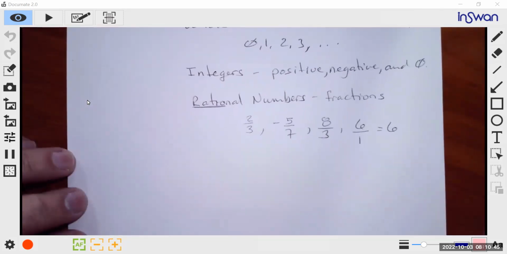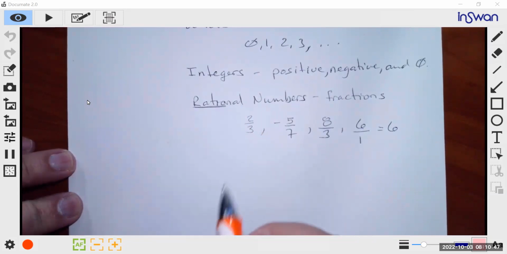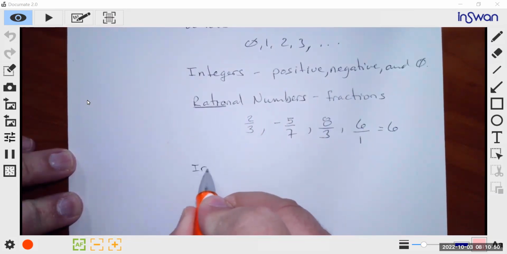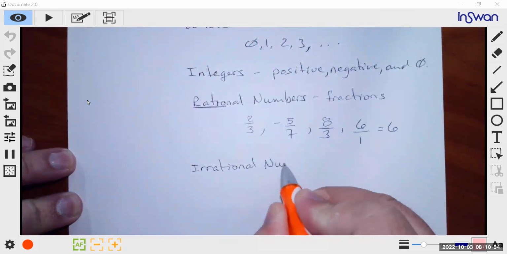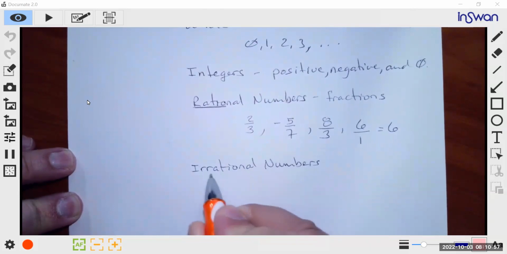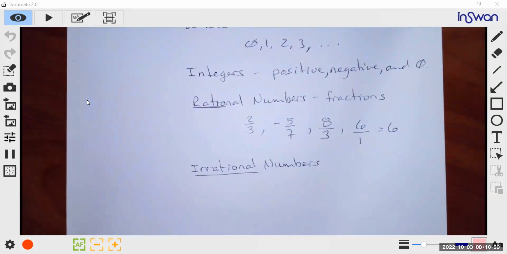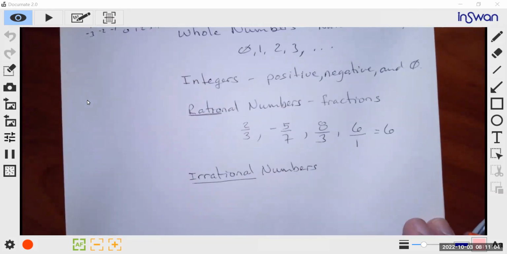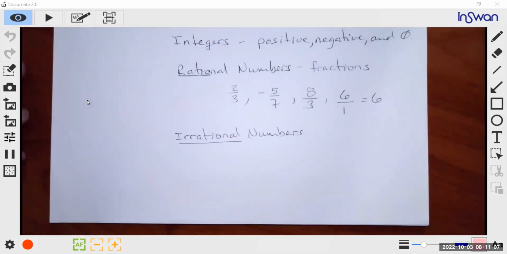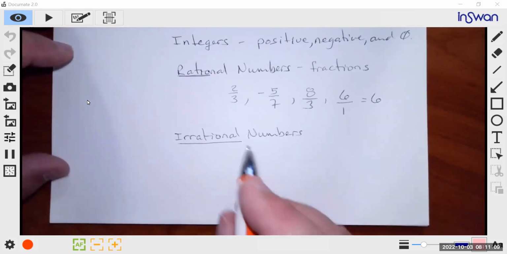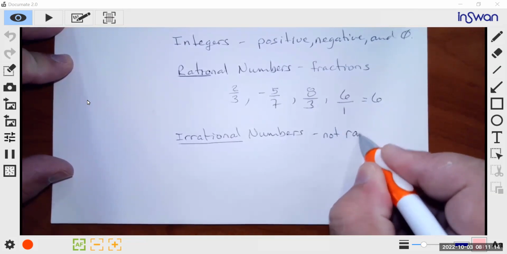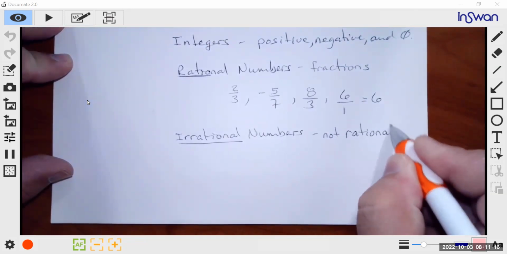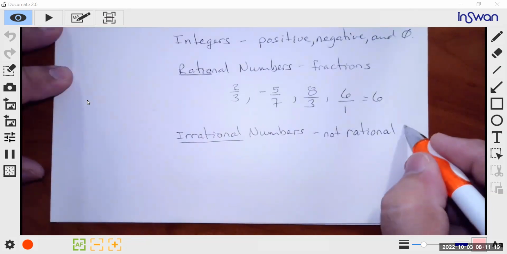Now, another type of number is called irrational numbers. Irrational means not rational. Basically, that's how they're defined. They're not rational numbers.